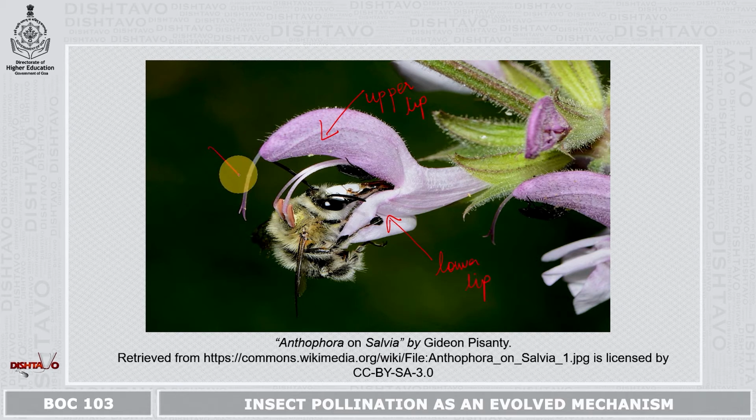Now this here, what is hanging, is the stigma, and this part here is the fertile half of the anther.